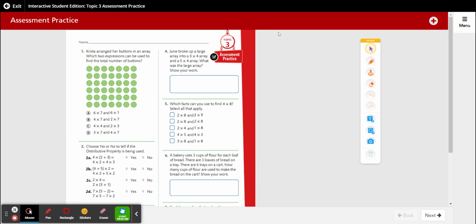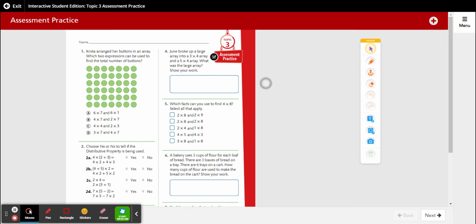Number 4. June broke up a large array into a 3 by 4 array and a 5 by 4 array. What was the large array? Show your work. Okay, once again, this is all about the distributive property.